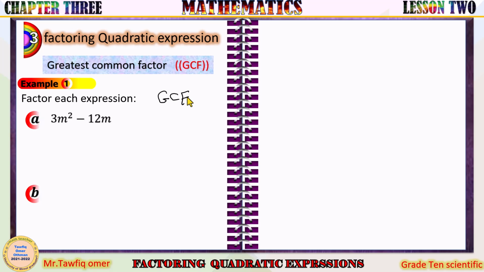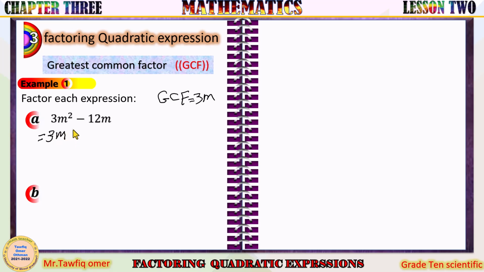Here it is between 3 and 12 is 3, and between m squared and m is m. For the variables, every time take the same variable with the smallest power. And now write down the greatest common factor, which is 3m.